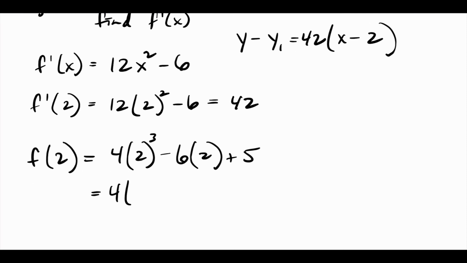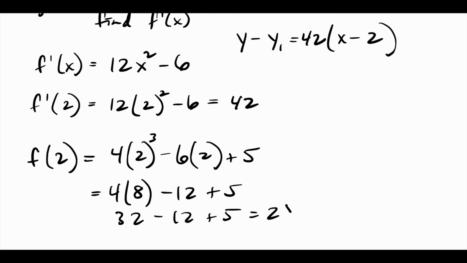See, 4 times 8 minus 12 plus 5. What do we get? 32 minus 12 plus 5. 25.